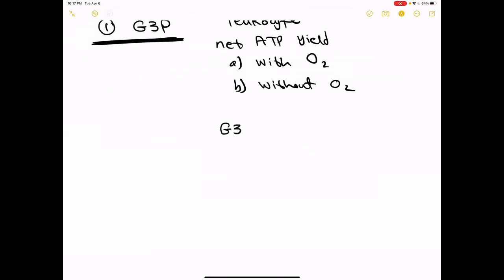Glyceraldehyde 3-phosphate. What's next? Next is 1,3-bisphosphoglycerate. What do we do here?